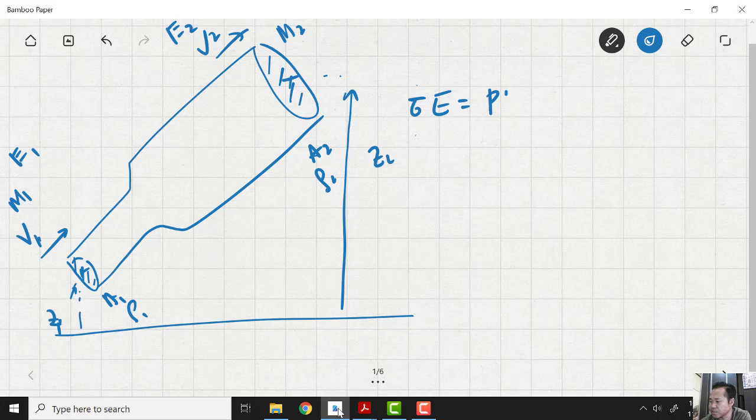First is potential energy, and now kinetic energy.